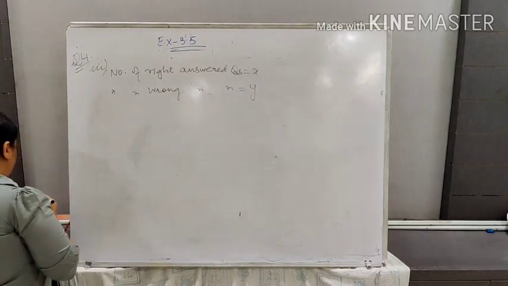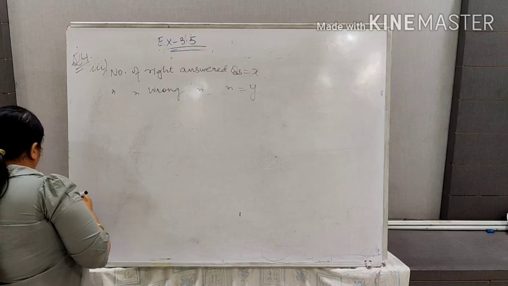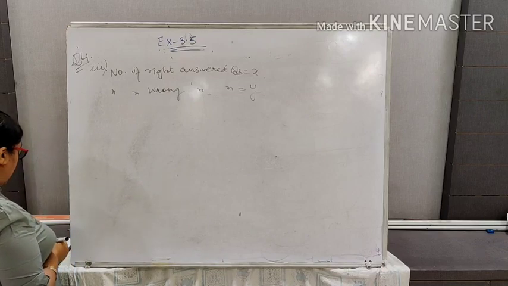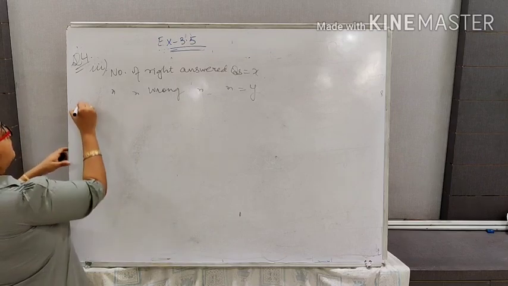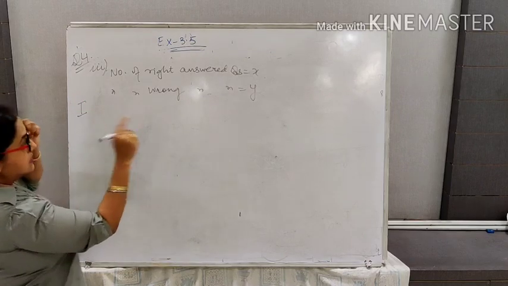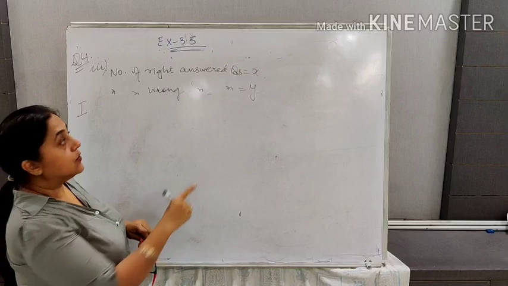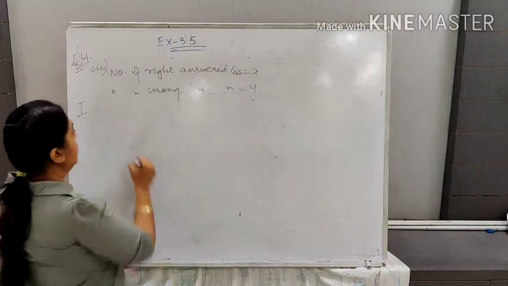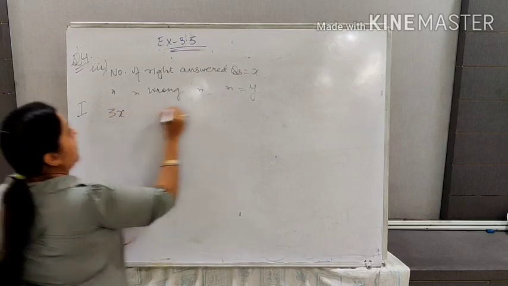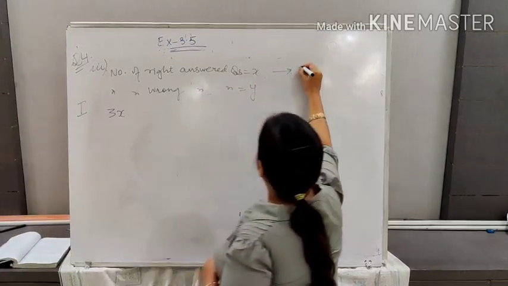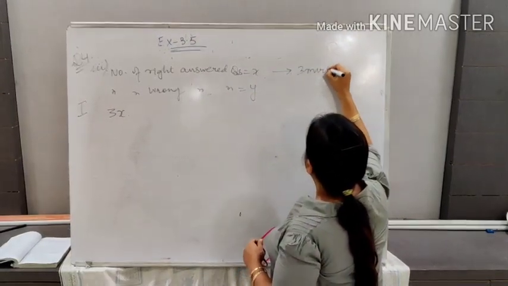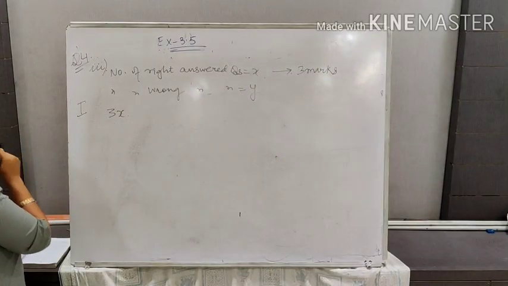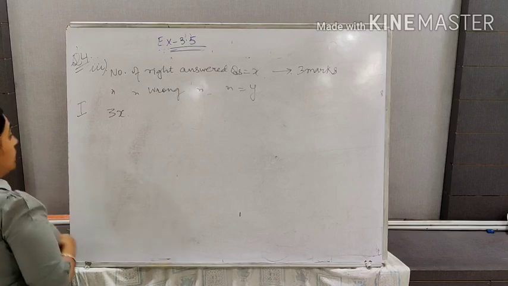Now let us read the question. Question says that Yash scored 40 marks, getting 3 marks for each right answer. So how many questions do we have? x. So how many marks he got? 3x.